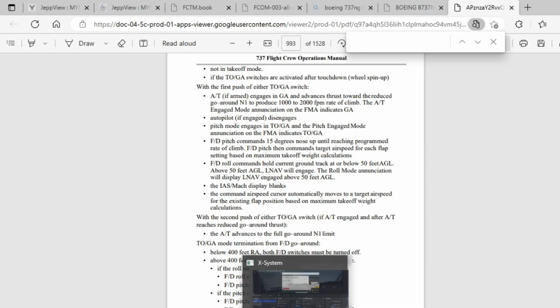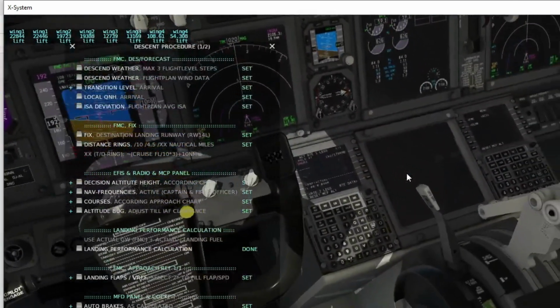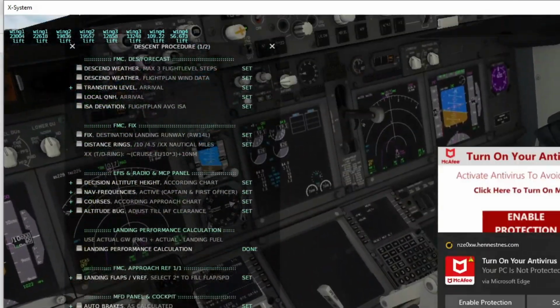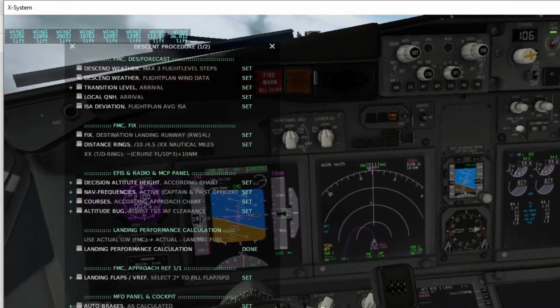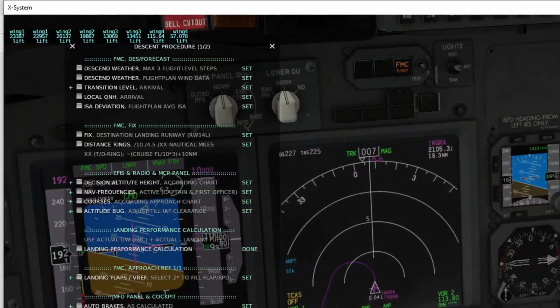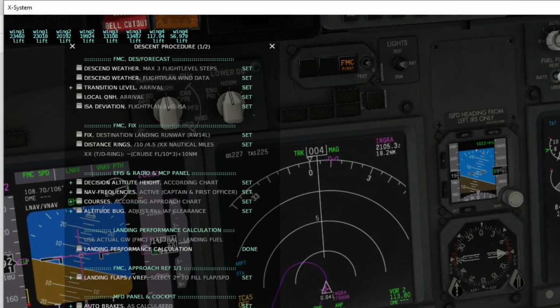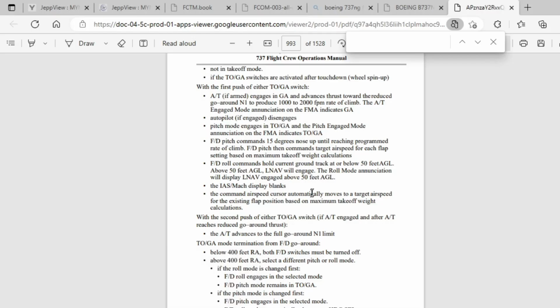And then if you were to push the mic button or the go-around switches a second time, the auto throttle would advance to full go-around thrust, right? To give you full go-around thrust. So full go-around thrust requires 2 pushes of the TOGA switch. Reduced go-around thrust requires only 1.